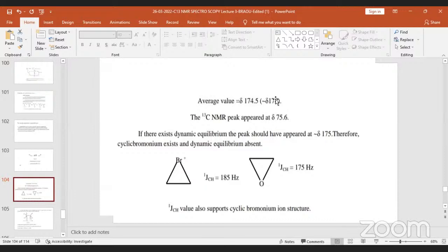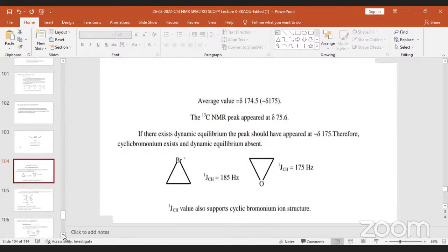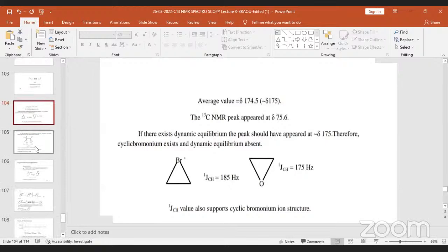But since there is no dynamic equilibrium, the observed value is 75.6. That confirms the formation of a cyclic bromonium ion in this bromine addition. Compare these values.